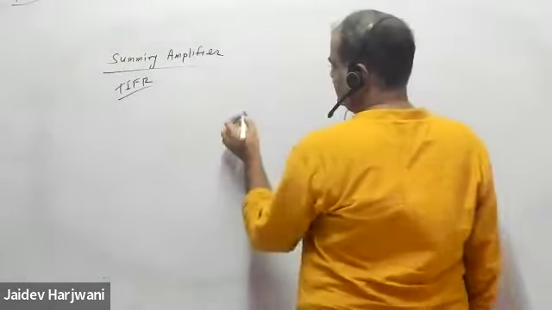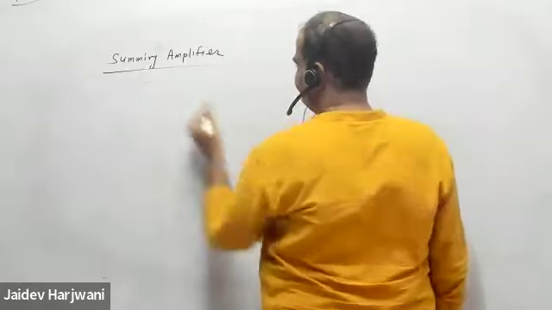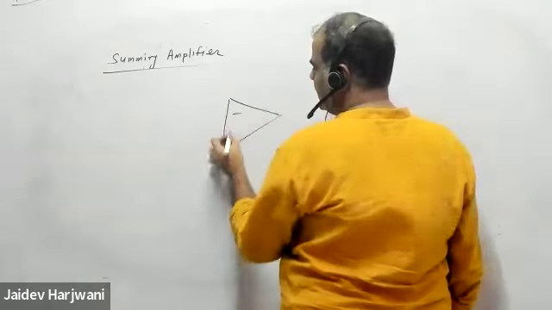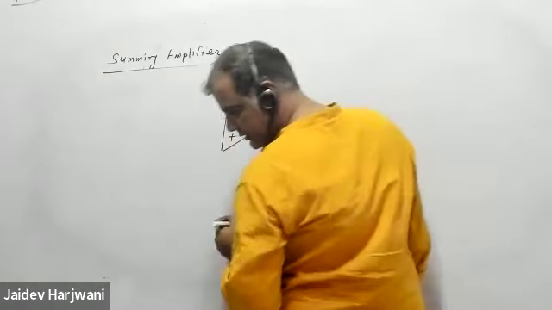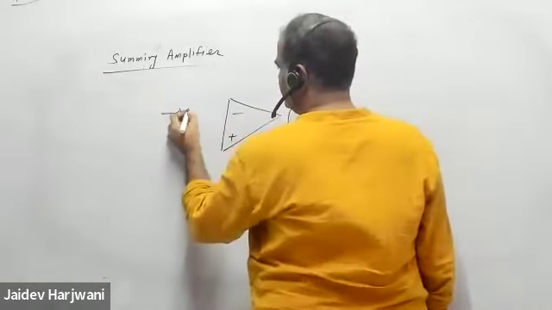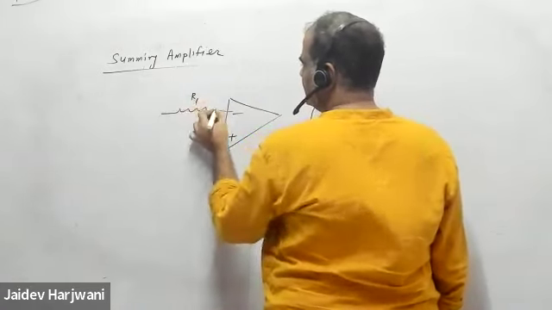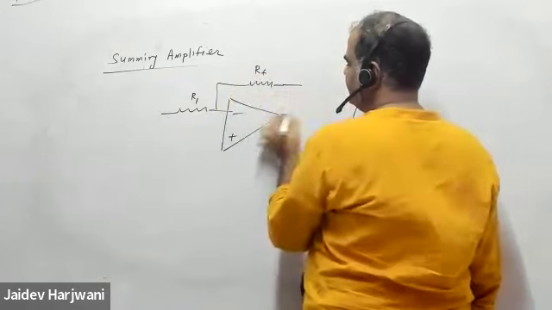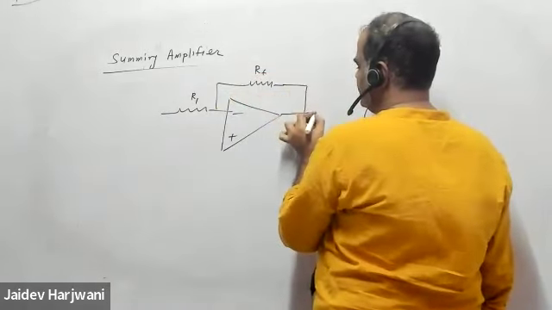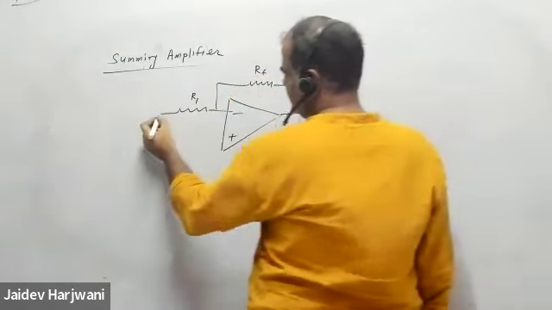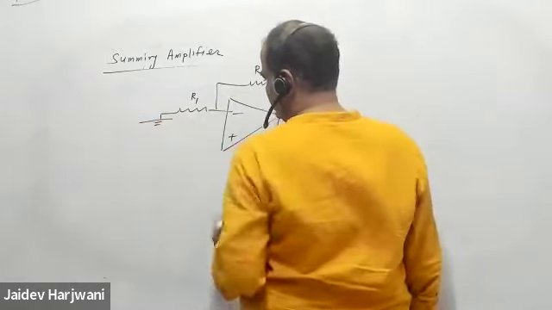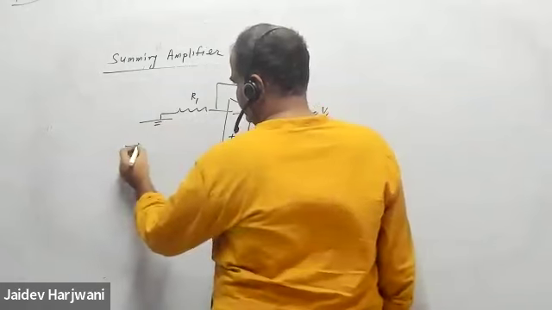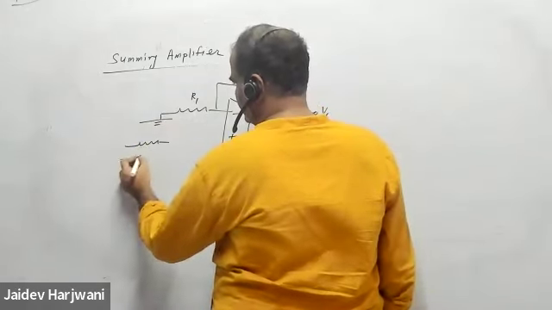So, a similar kind of problem I'm taking. Instead of summing, I'm doing it non-inverting. Okay, so this is R1, RF, this is V0, and this is grounded. And here I'm putting some resistance R1.